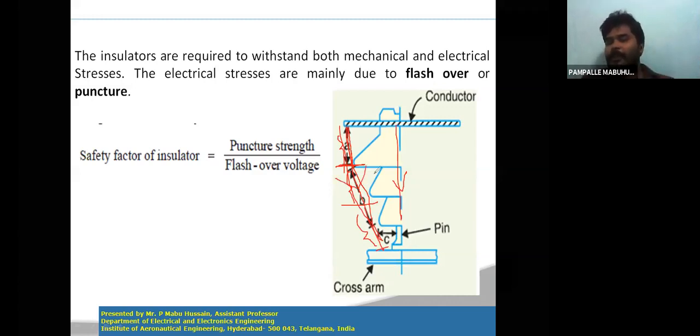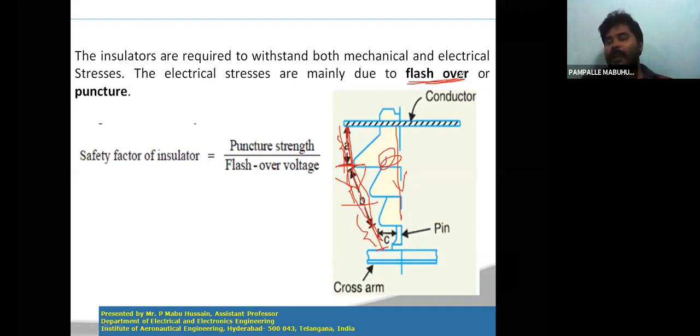Because of this spark, the insulator will be heated up. Whenever the spark forms here, it will heat the insulator. When the heat becomes more and more, the insulator will be damaged. This is called flashover of the insulator.